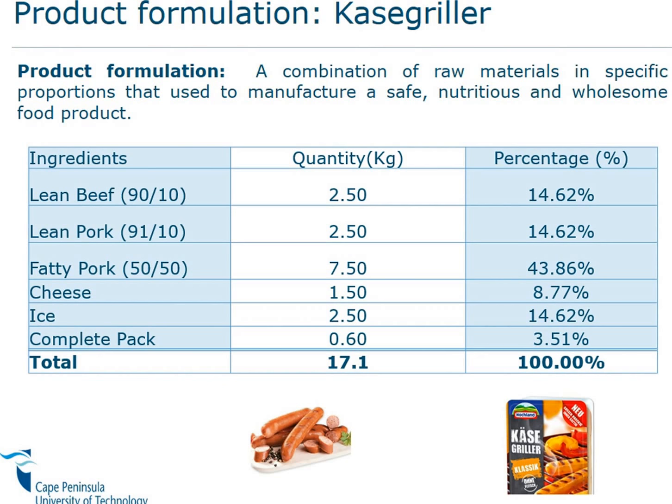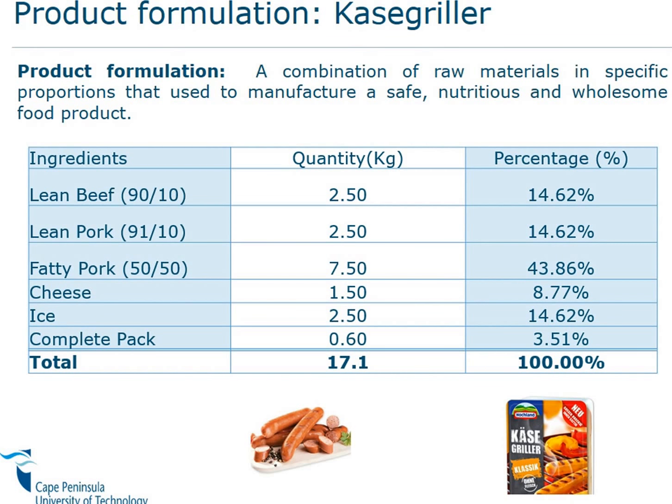So then you would go into the lab and do some experiments to see how much of each you need. So this person has conducted some experiments and they want to add 2.5 kilograms of that and 2.5 kilograms of that, 7.5 kilograms of fatty pork, and 1.5 kilograms of cheese.